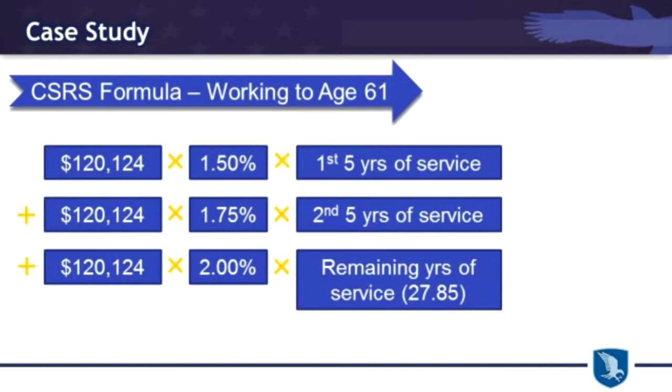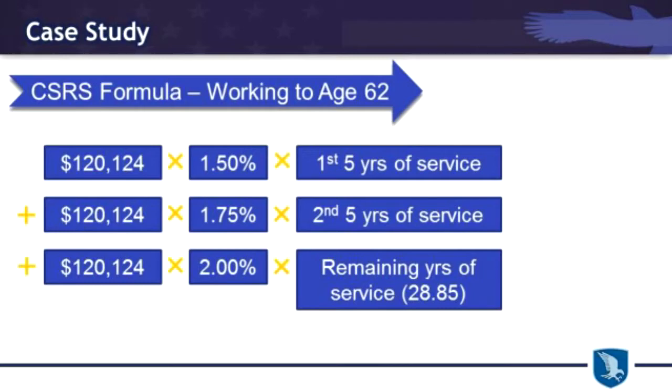And with the 1.5% on the 5 years, 1.75 on the next 5 years, and 2% on everything thereafter, we come up with an annuity of $86,429 per year. Now, take note, this is a gross annuity. We haven't taken out health insurance or taxes or any other benefits. It's a gross number, but it's going to help you determine what the value of a year is worth.